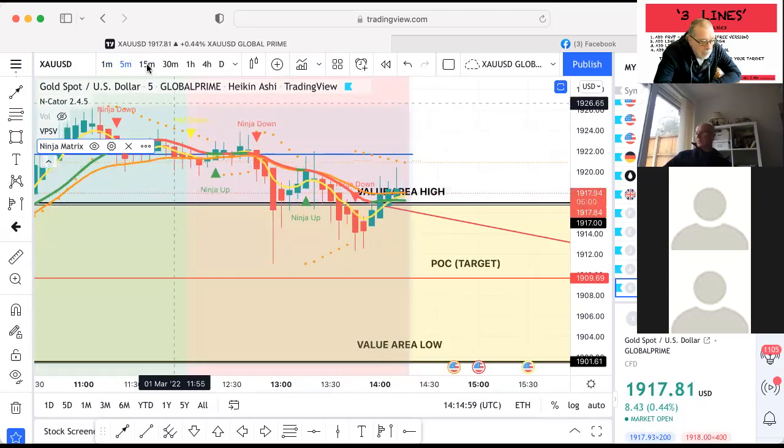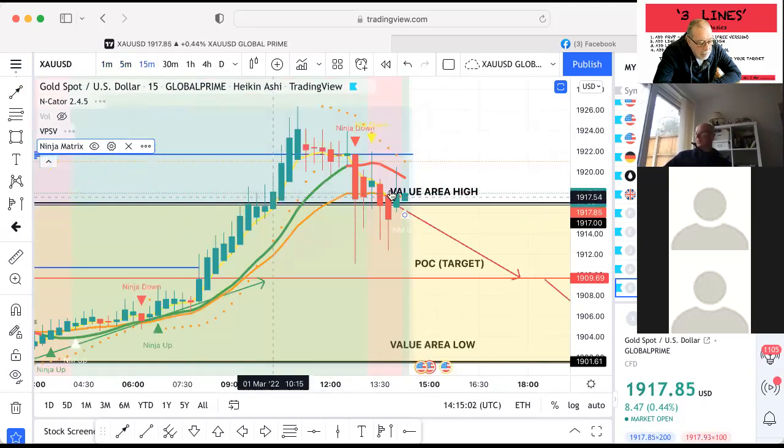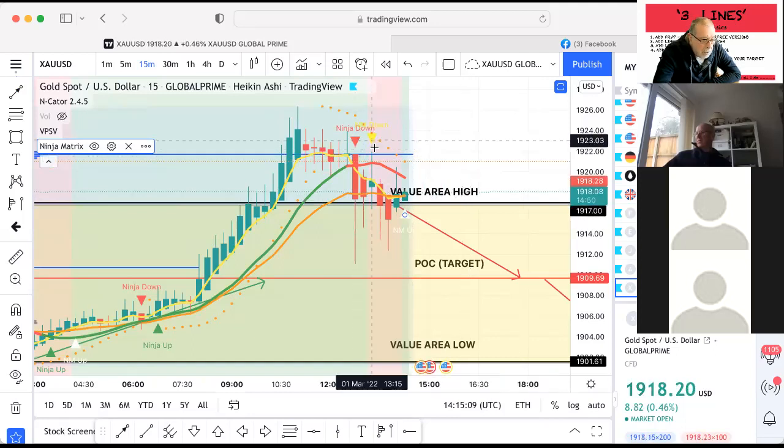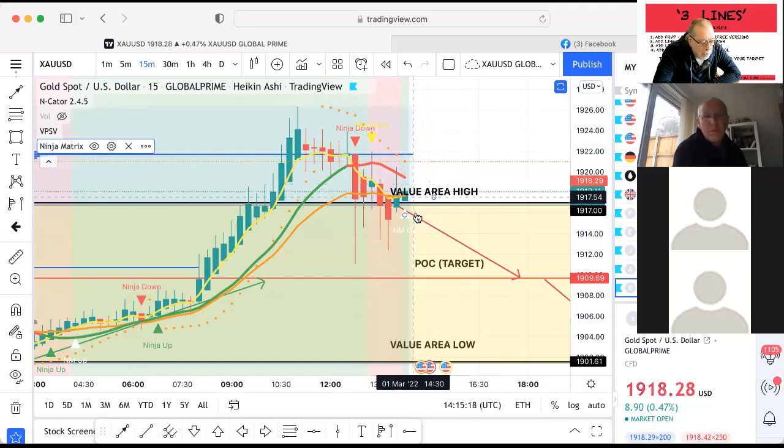And if we look at the 15-minute chart, it's hovering around about that line. So my approach would be, I've got a Ninja down, I've got a Ninja Matrix down, I've got a yellow 5 below the red 13. All I'm waiting for is a nice strong red candle to break through that line. I would want the price to break through because it's acting as a barrier at the minute.